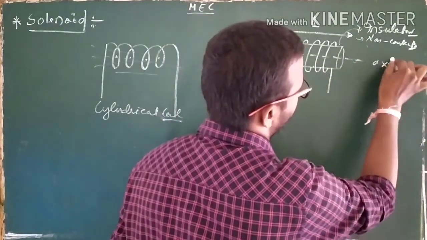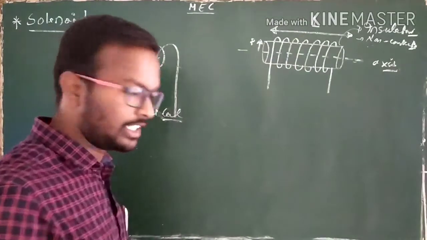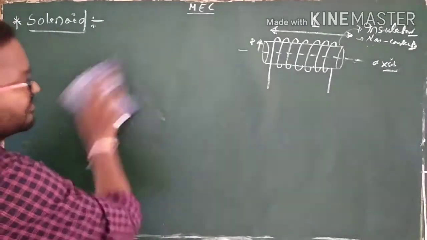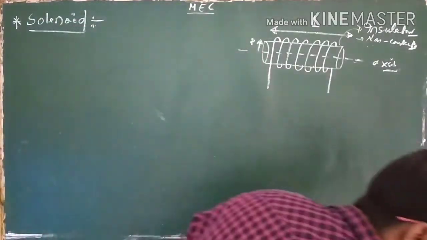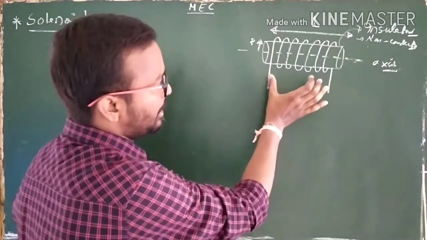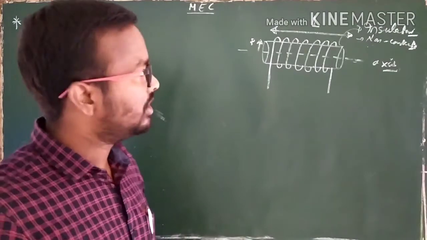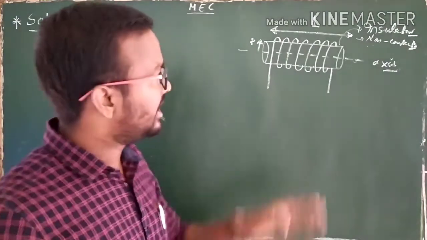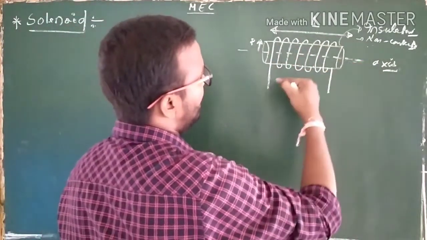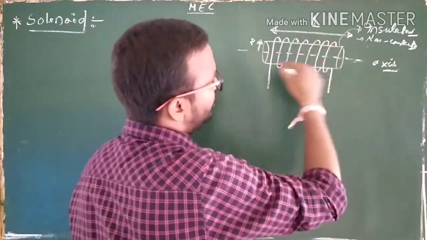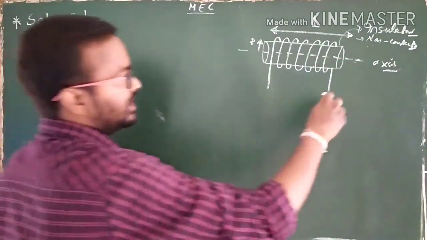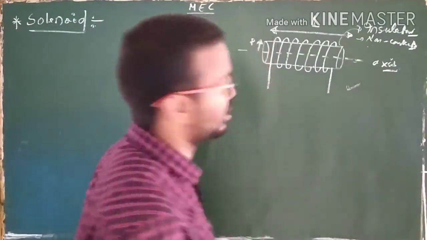Now we will discuss what an ideal solenoid is. A solenoid consists of a number of circular turns very close to each other, forming a cylindrical coil, and the turns look like a helical structure. Helical means just like a spring. So this is the structure of a solenoid.